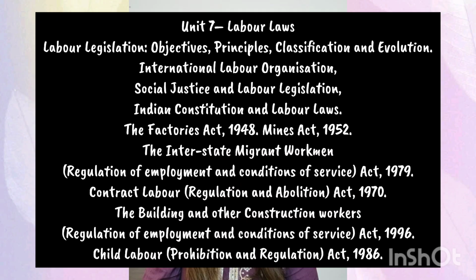Labor legislations: objective, principles, classification, evolution, International Labour Organization, social justice and labor legislation, Indian Constitution and labor laws, Factories Act 1948, Mines Act 1952, Inter-State Migrant Workmen Regulation of Employment and Conditions of Service Act 1979, Contract Labour Regulation and Abolition Act 1970, Building and Other Construction Workers Regulation of Employment and Conditions of Service Act 1996, Child Labour Prohibition and Regulation Act 1986.